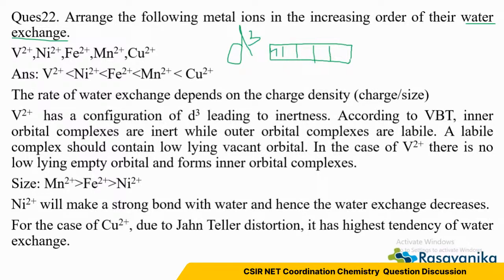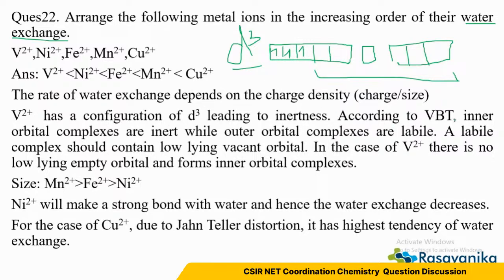So three electrons are present here. According to VBT, we are seeing valence bond here. Here it will be 3d, 4s, 4p, d2sp3, right? So this is d3. Vanadium 2 plus is d3, right? Now you can read it.